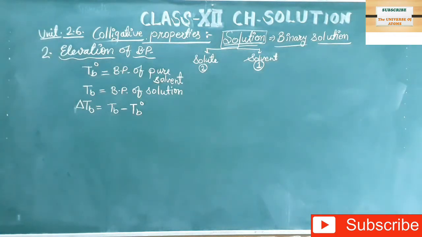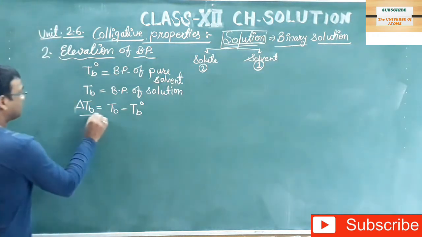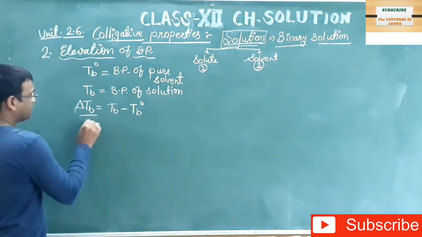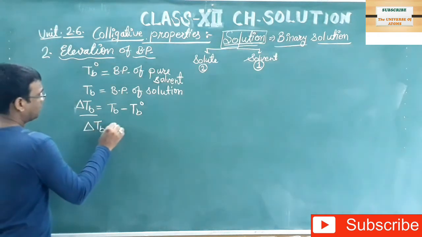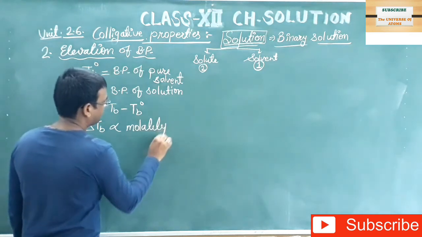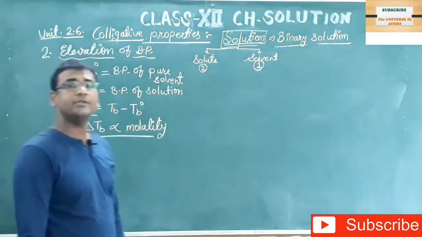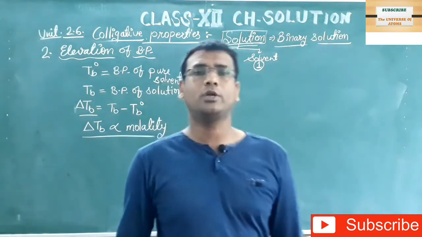Now from experiments it has been found that for dilute solutions, elevation of boiling point is directly proportional to molality. Delta TB is directly proportional to molality.